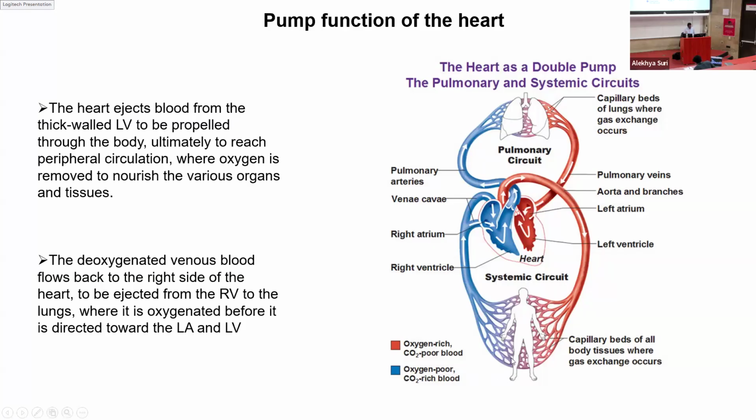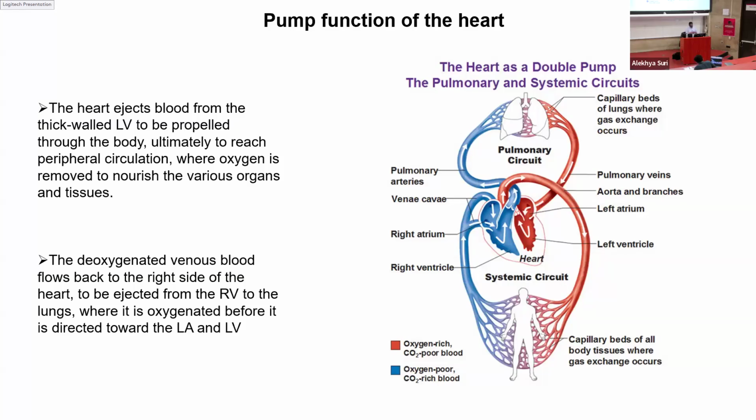The oxygen-poor and carbon dioxide-rich blood is collected on the right part of the myocardium, and then it is pumped to the pulmonary circuit for purification. And then once oxygenated, it enters the left part of the myocardium, goes into the main aorta, and then goes to the systemic circulation.